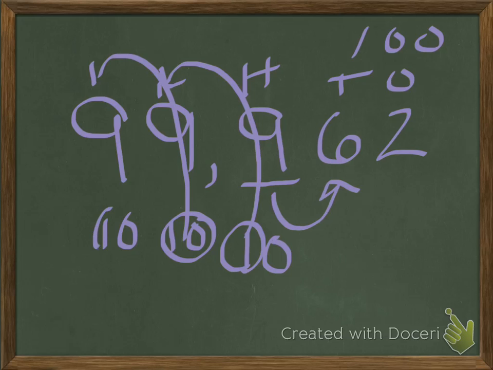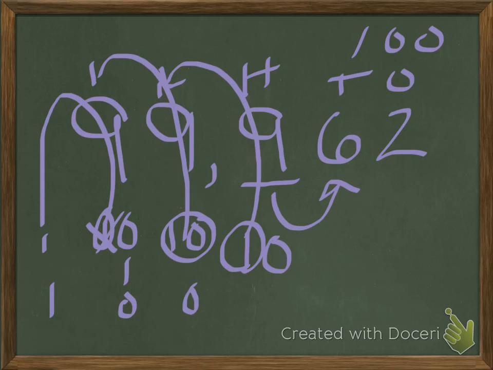So again, you're going to have to take that 1 and bring it into the next column. And so you would have a 1, and that would be a 0 because we already moved that. This would be a 0 because we already regrouped that. This would be a 0 because we already regrouped that.